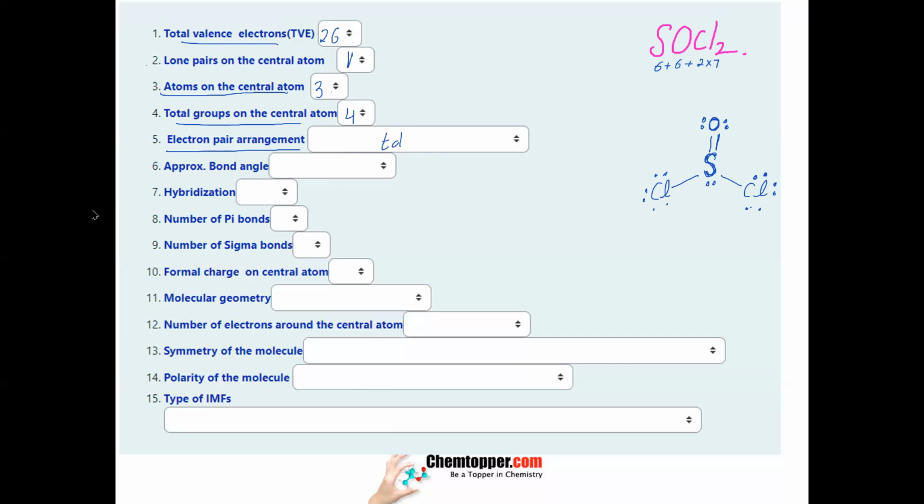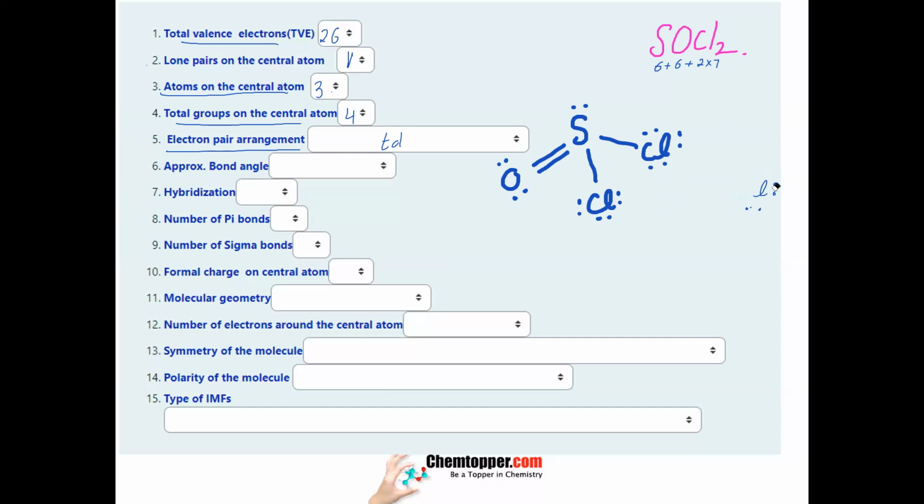I'm making it properly with sulfur with the lone pair and oxygen, chlorine, chlorine. This is tetrahedral. In the examination, you have to draw it again after deciding everything, because once the molecule is given, you start following the rules and make the structure. At that time, you're not deciding the EPA. Once you decide the EPA, draw it again.